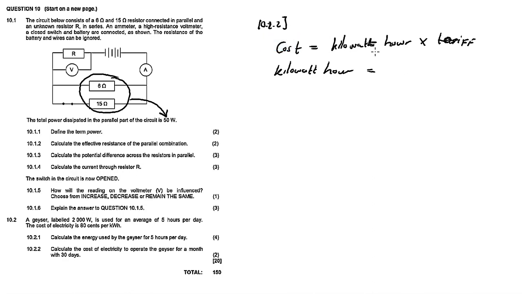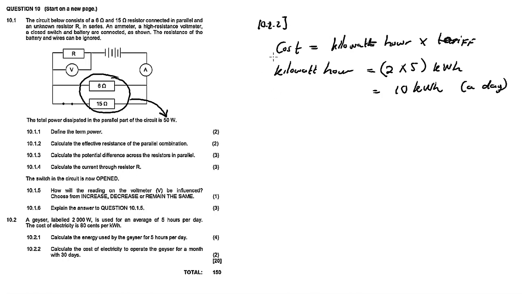Remember, it's kilowatt hour, so the units are going to be kilowatt hour. So the watts komele divided by 1000, you thola u2. 2000 divided by 1000 is 2 times kilowatt. Sengnayo, I need the hour. How many hours? Is 5 hours. So my answer is equal to 10 kilowatt hour for a day.